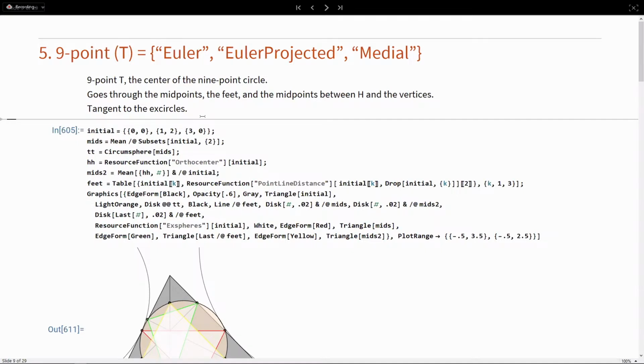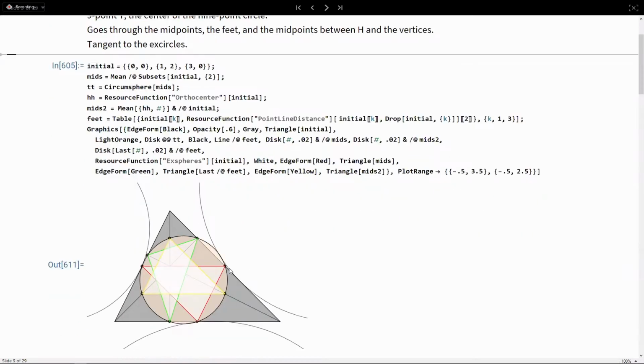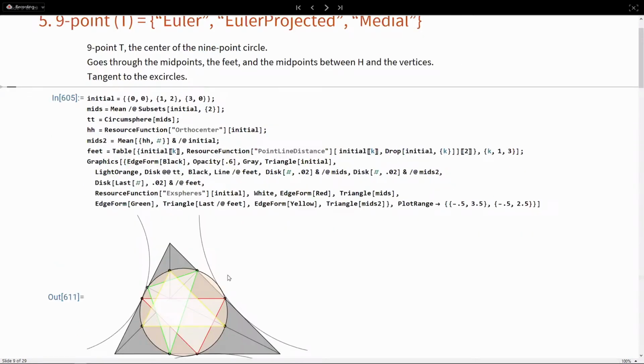Let's see, the next important point in triangles is called the center of the 9-point circle. So if you have the feet where the altitudes are, and the midpoints, and the midpoints of the vertices to where the altitudes intersect.